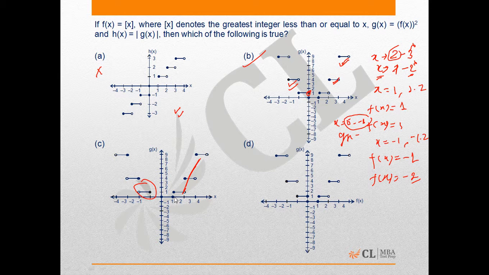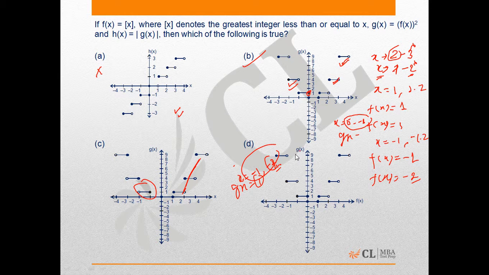Here it states when x lies between minus 1 and minus 2 excluding minus 2, the value of g of x will be 1, which is not true because we have already discussed that when x lies in the range of minus 1 to minus 2 but not minus 2, the value of g of x is 4. So this option is ruled out.